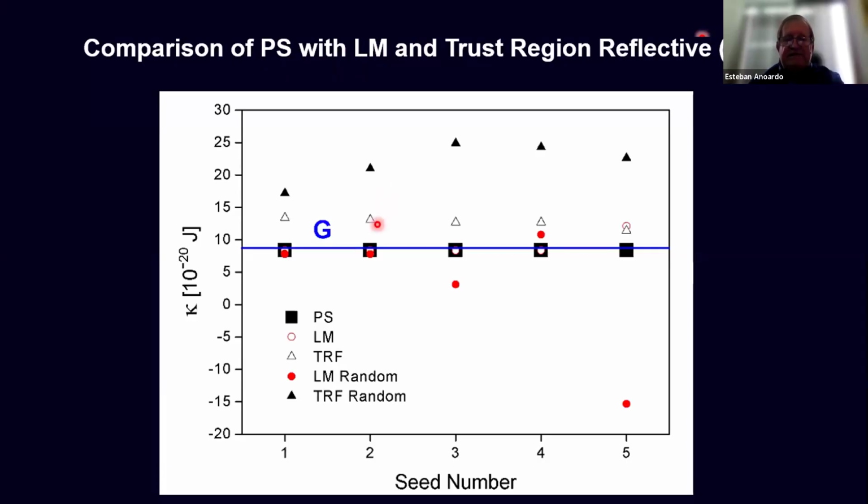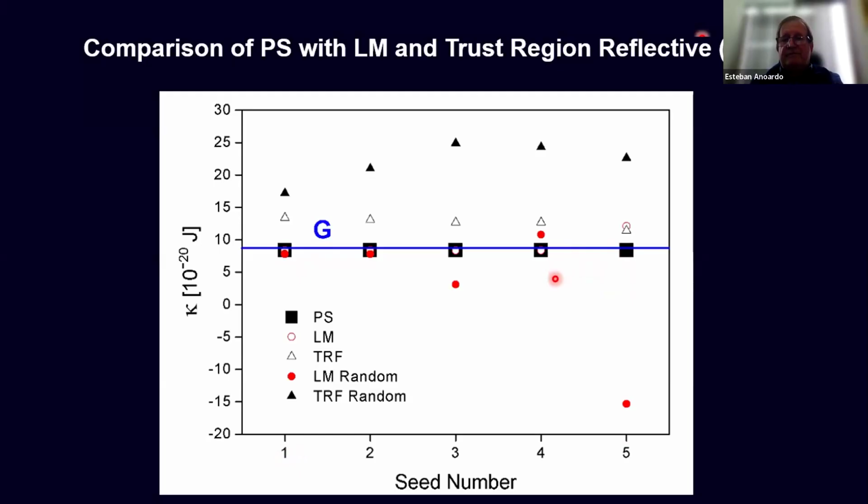Okay, so you see here, these are the seeds, different seeds. And the difference between 1, 2, 3, 4, 5 is the distance of the seed from the solution. So 1 is close to the solution, and 5 is far from the solution. And you see that the PS method is working quite well in the sense that not only does it reproduce the value of kappa quite well, but it is also independent of the seed.